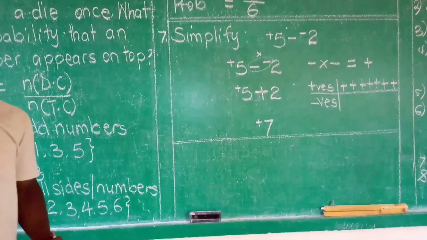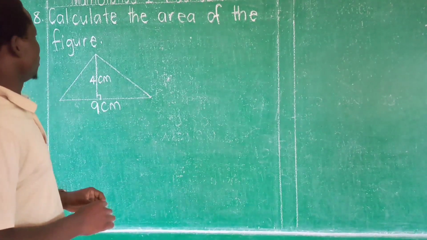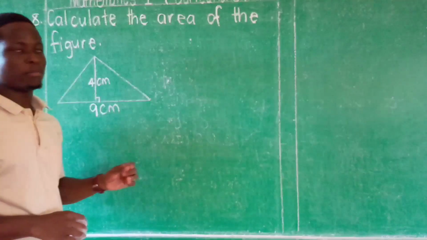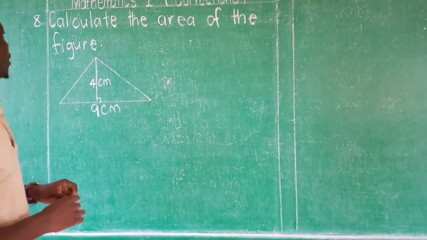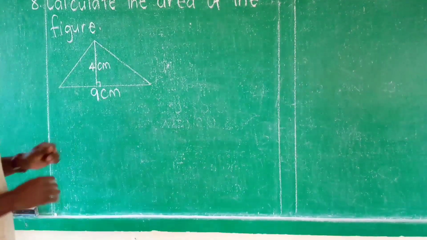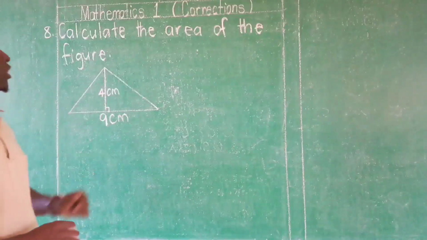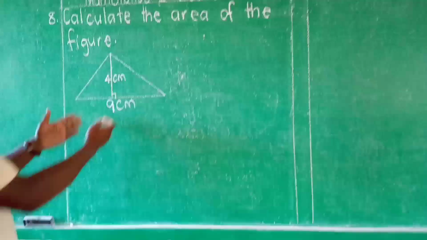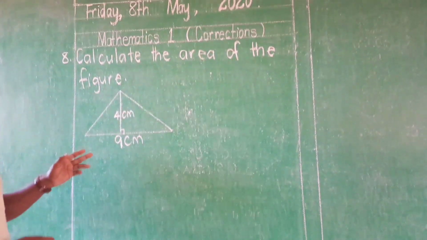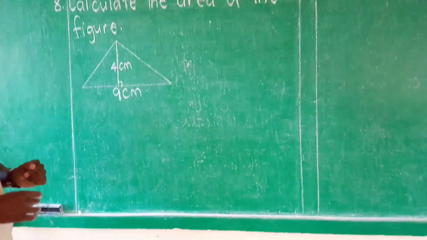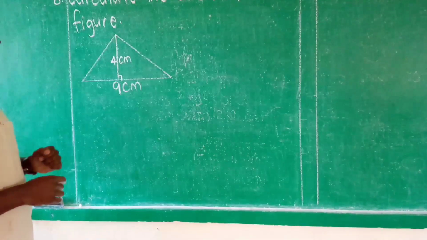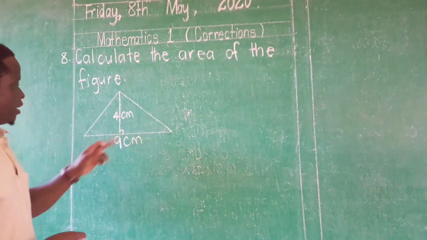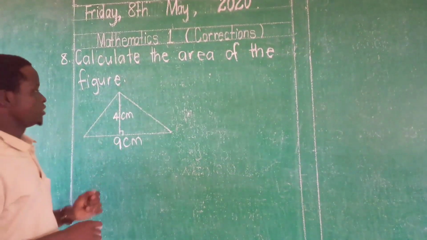Yes. Question number 8. It reads, calculate the area of the figure. And here is our figure. What figure is it? Yes, you know. It is a triangle. We are looking for the area of this triangle.